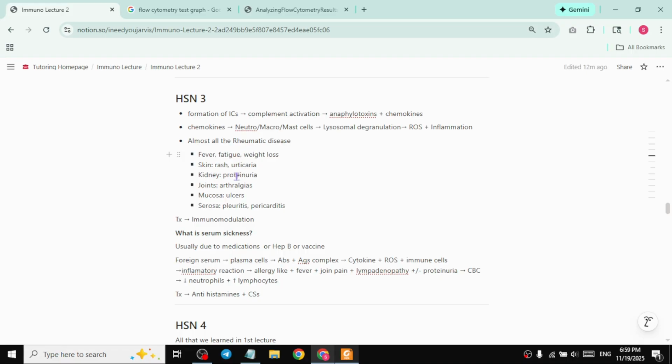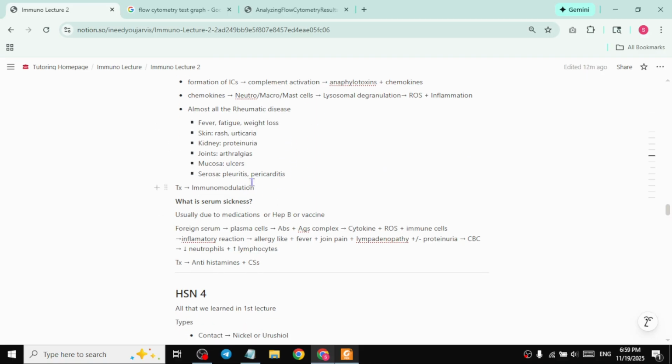Kidney will show proteinuria, right? Joint will show arthralgia. Mucosa will show ulcers, right? Serosa will show pleuritis or pericarditis. So it's very easy to understand the similarity in symptoms with all of these different presentations because the common pathway of all of them is hypersensitivity type 3. Okay. Usually the treatment for all of these is immunomodulation.